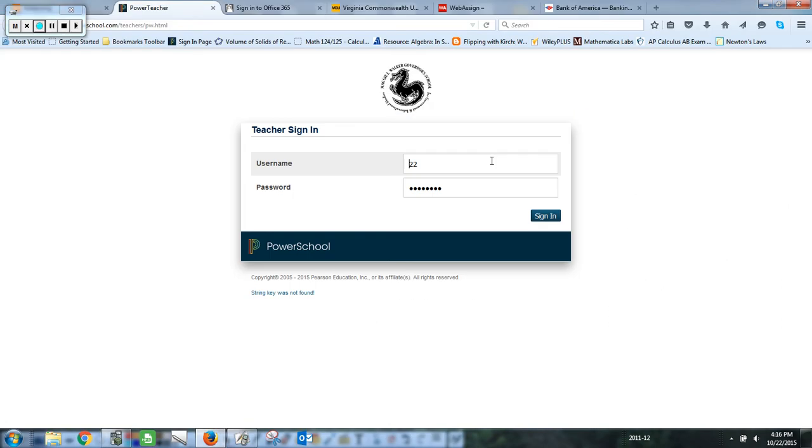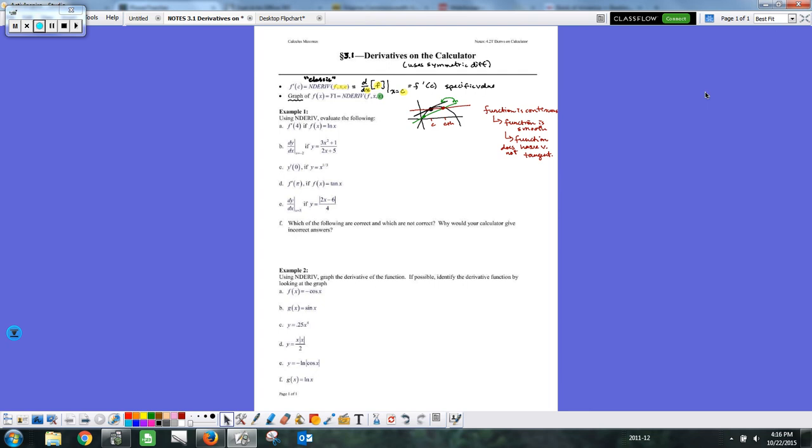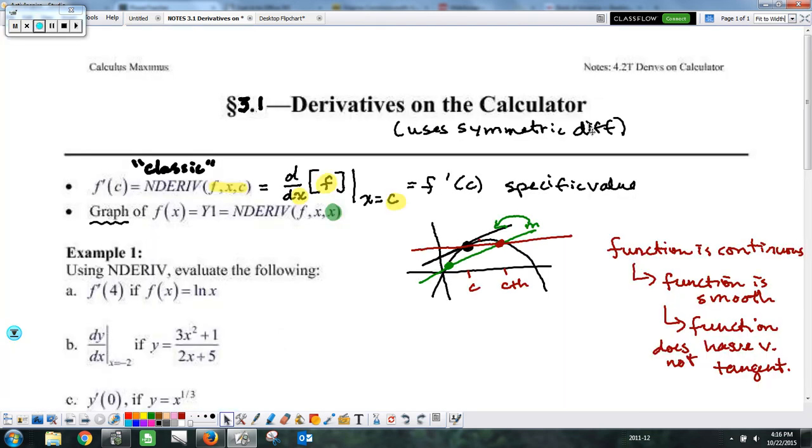In my notes, I would simply say, on your calculator, we don't care how you actually did it, you just write f prime of 4 is approximately 0.25, because we're not sure. It may be 0.25, but we're not completely sure what it's going to be.